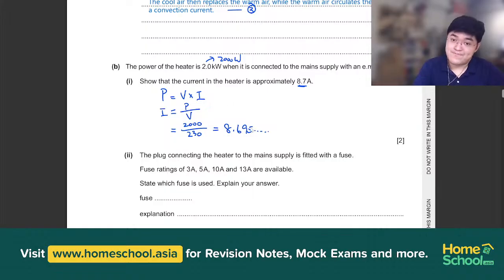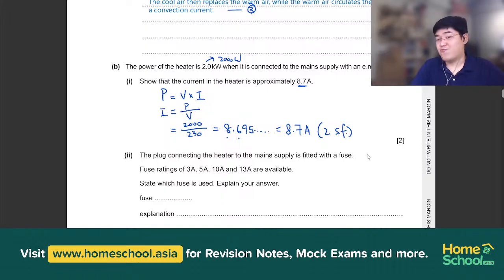So 8.6, this is the first, this is the second. We look at the third number. 9 is greater than 5, of course, so that means we round up. So 6 becomes 7, and that gets you 8.7 amperes in two significant figures.